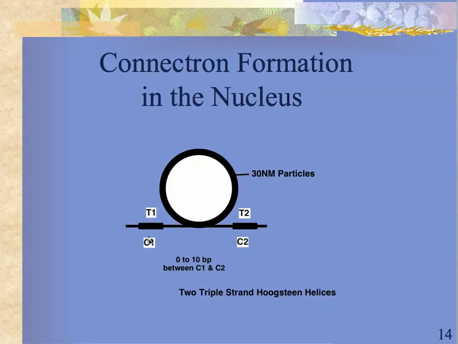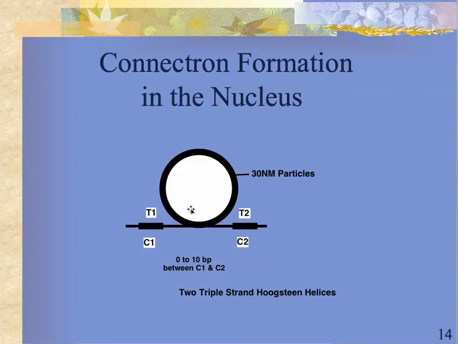So the C1 sequence and the T1 sequence are the same sequence in the direction of the major groove. And then if T2 is close to T1, then the C2 can wrap around T2, again in the major groove, and form another triple-stranded Hoogsteen helix. And so this set of 4 sequences is a connectron.